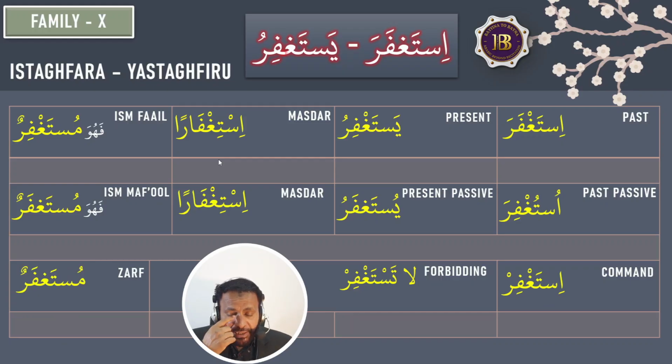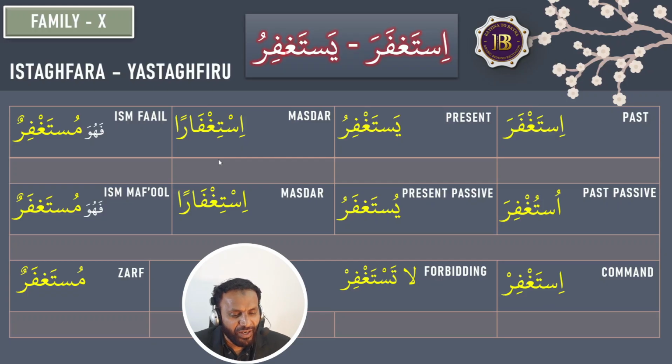The uniqueness or the feature of this family, again, not 100%, most of the time, is that the meaning will be asking for, looking for, wanting to, seeking to, trying to, that kind of meaning. Asking, seeking, looking, wanting, needing.